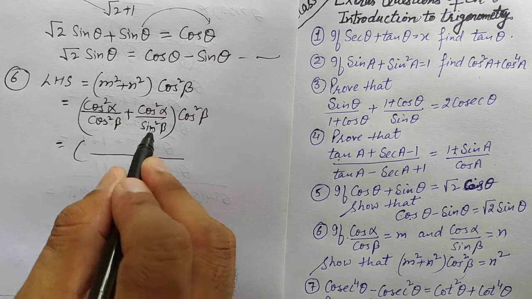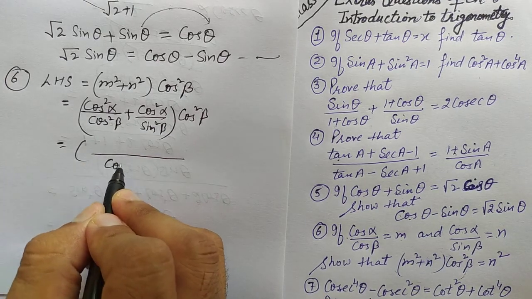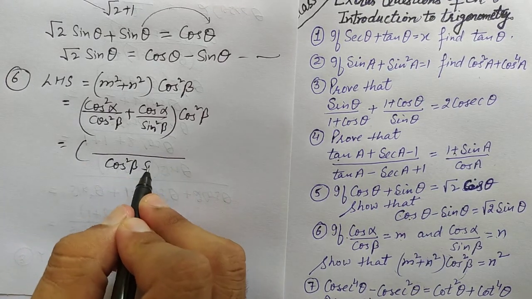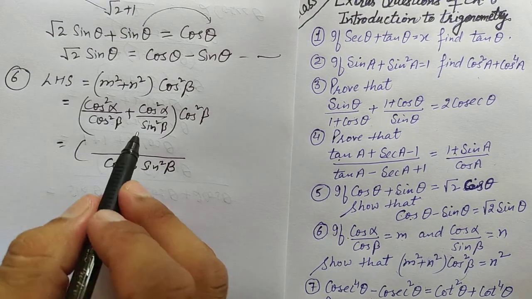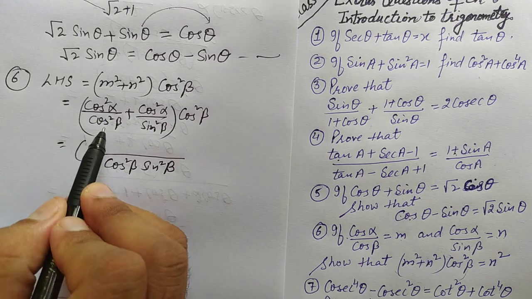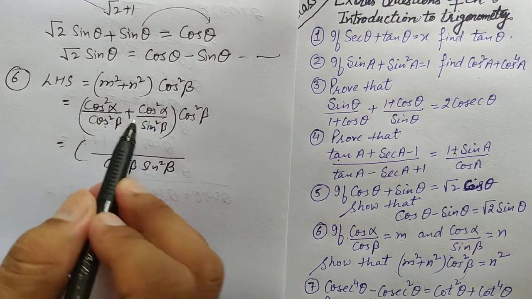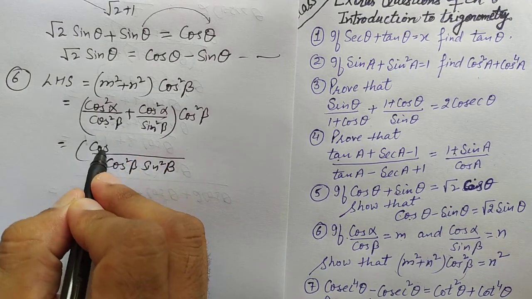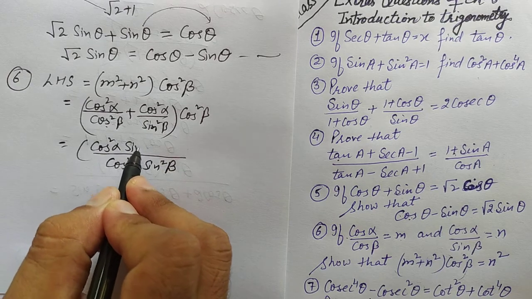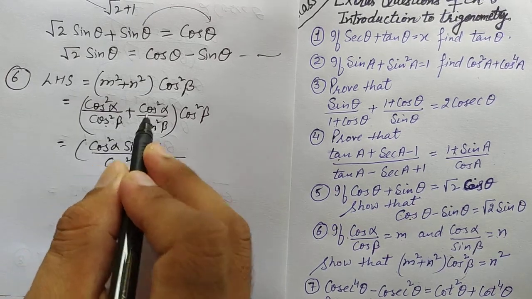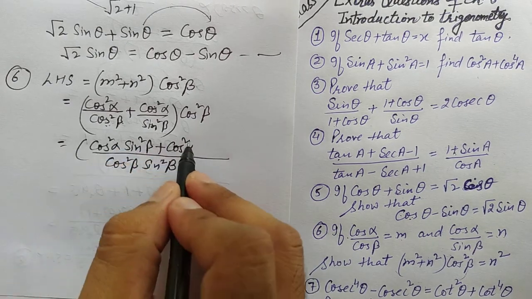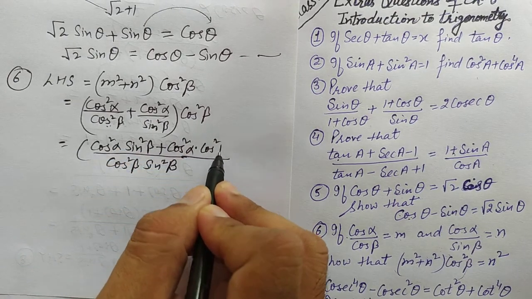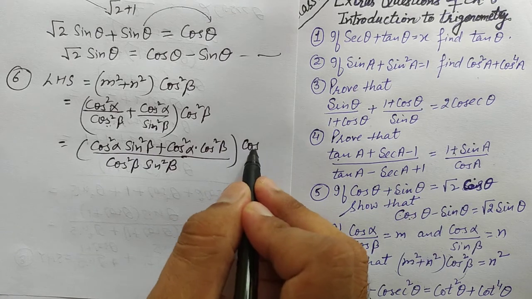LCM will be their product only. So it will be cos square beta into sin square beta will be the LCM, right? So see, this will be multiplied by this and this will be multiplied by this, cross multiply you can say. So it becomes cos square alpha into sin square beta plus here cos square alpha into cos square beta, right, and into cos square beta as it is.